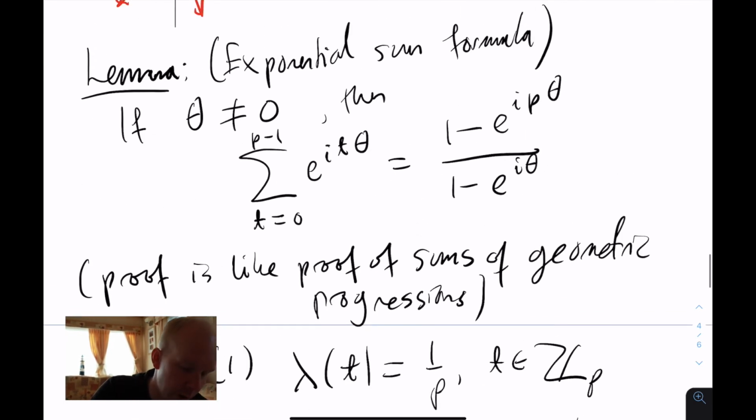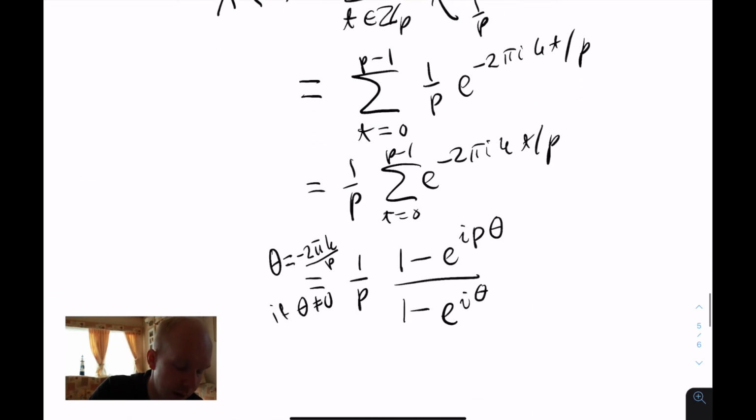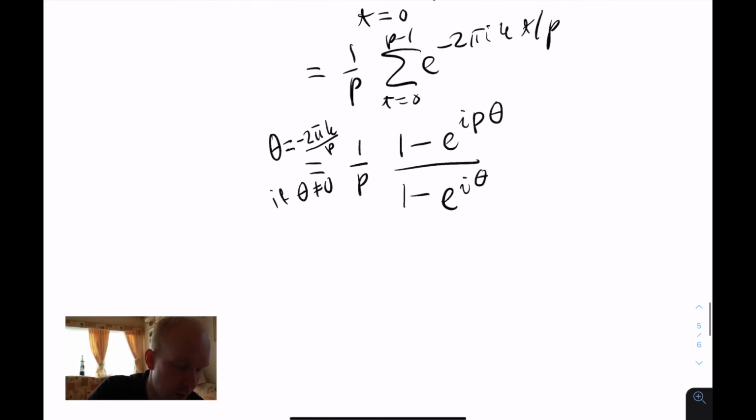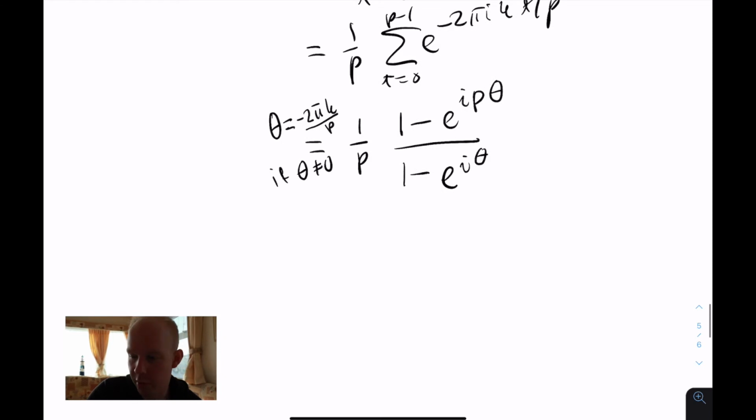That's the exponential sum formula used with this specific theta. So we assume that theta is not equal to 0, and then we obtain this type of formula for this expression.